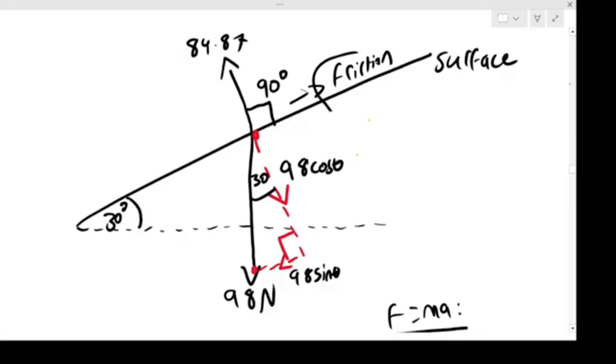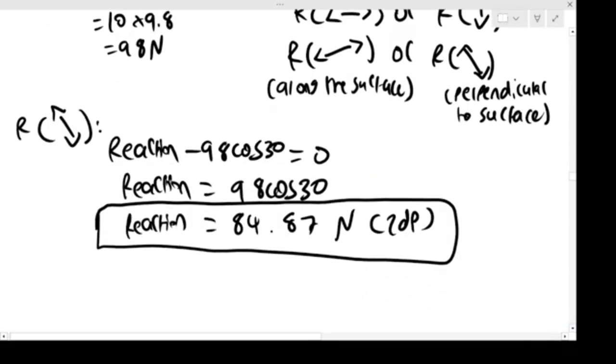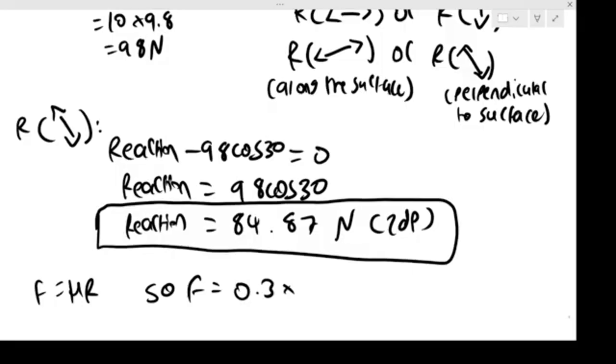Now friction's the only one left. If I tell you that the coefficient of friction here is 0.3, we can now use friction equals mu times reaction, or F equals mu R, to work out friction. So friction F is going to be 0.3 for the coefficient of friction times the reaction of 84.87.